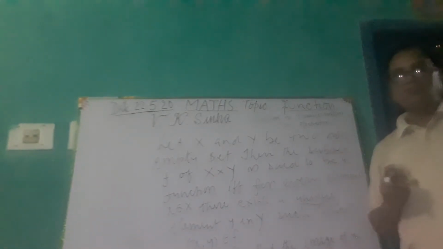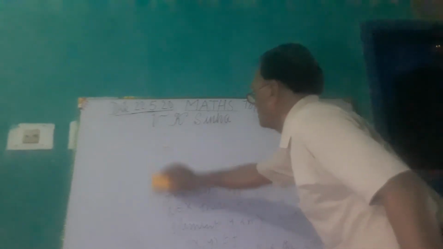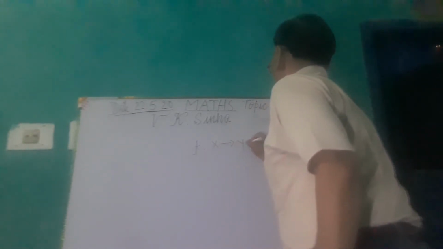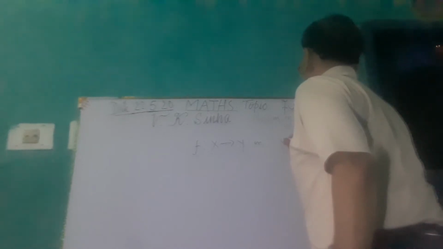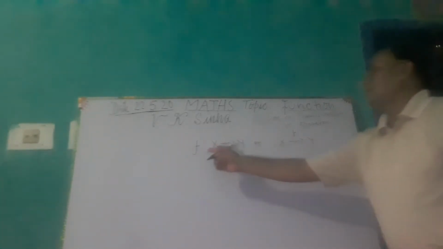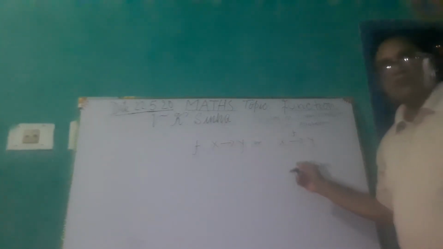The function is symbolically denoted by f is a function from X to Y, or simply f: X → Y. Here we also read f is a function from X to Y.